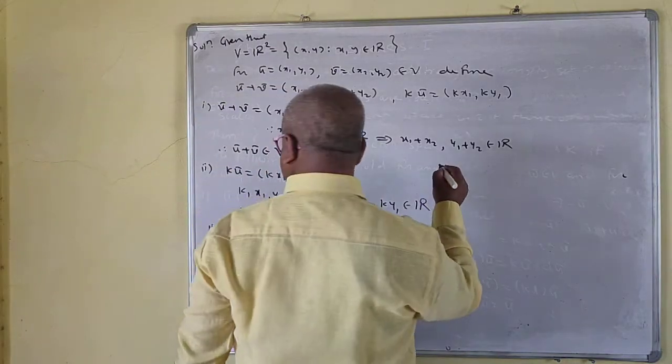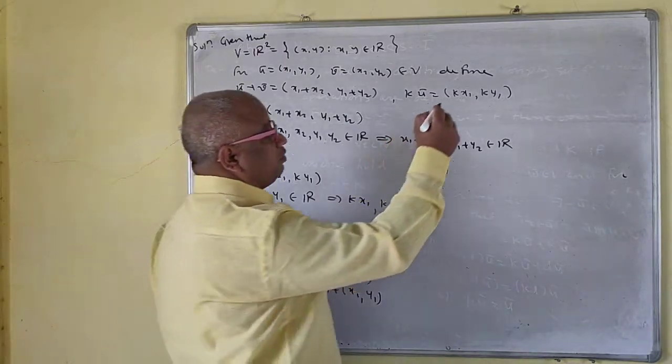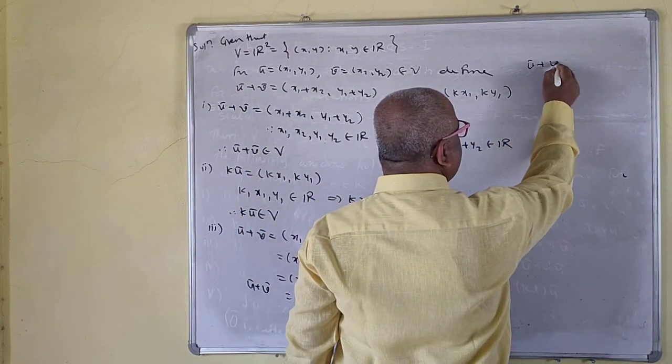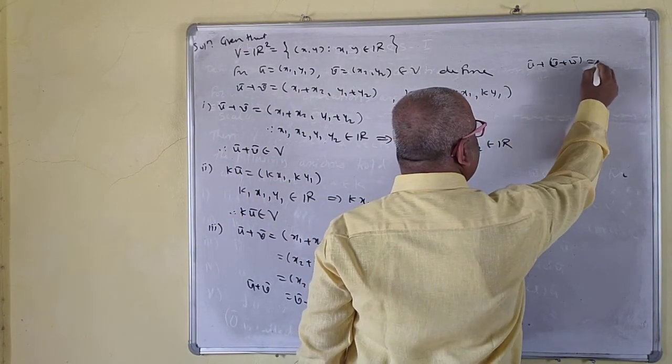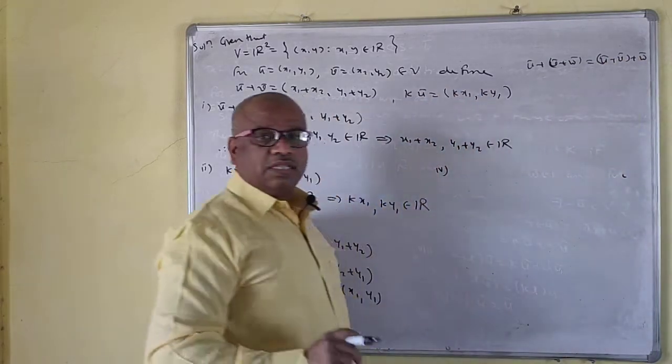Now the fourth one. What you have to prove is u bar plus (v bar plus w bar) is the same as (u bar plus v bar) plus w bar. Right, this you have to prove.